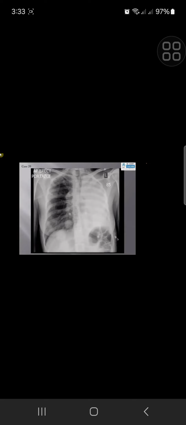I am assessing the bony skeleton now. I am not seeing any rib abnormalities, particularly on the left side of the chest wall. Trying to assess the rest of the bones, I am not seeing any obvious bony skeleton abnormality.